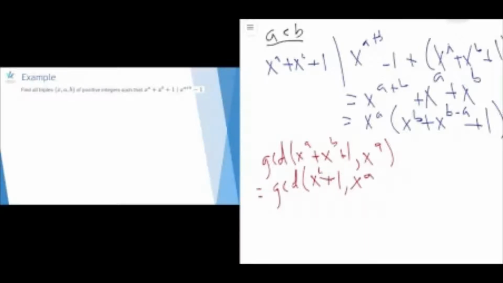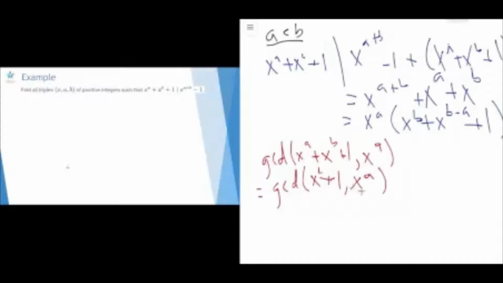And remember, this is not necessarily the remainder of this divided by x to the a, but we can still do this because as a consequence of the division algorithm, we can always subtract out multiples of this, and the GCD will stay the same.